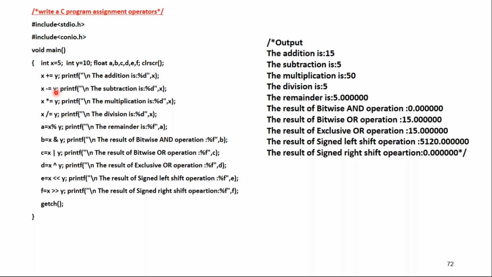So 5 minus 10 is minus 5. The result should be minus 5 here. x into y is 50. That is what the result is.